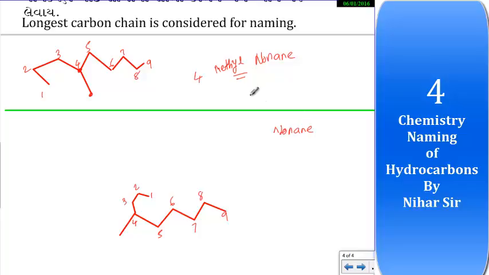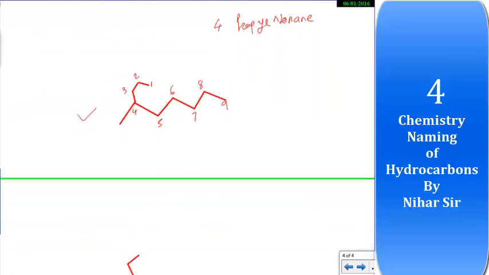There is branching off on number 4, same as before. But what will be the difference between this diagram and the earlier one? In the earlier branching off it was 1 carbon, whereas in this branching off there are 1, 2, 3 carbons. So I will write 4-propylnonane, right? This is named 4-propylnonane.